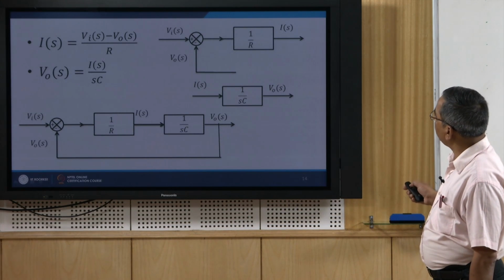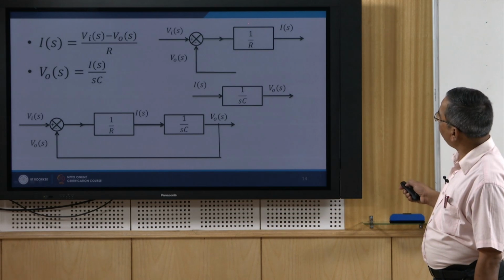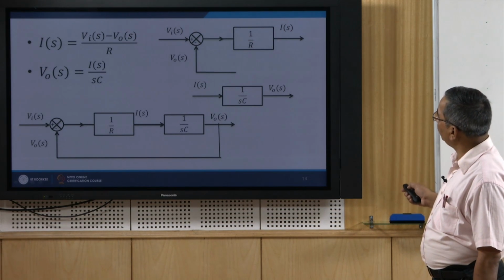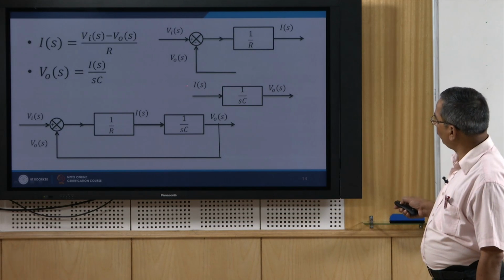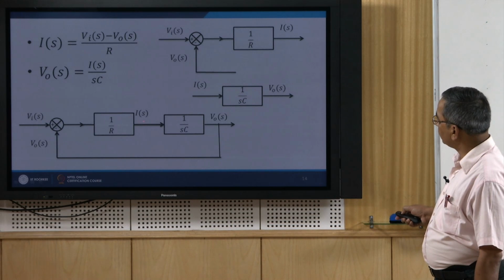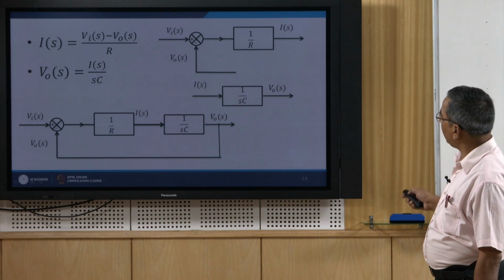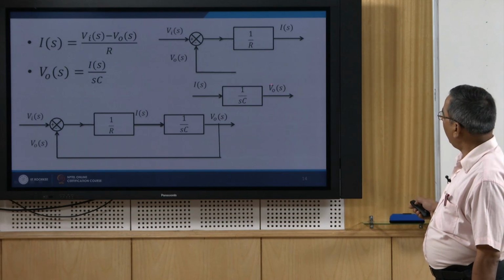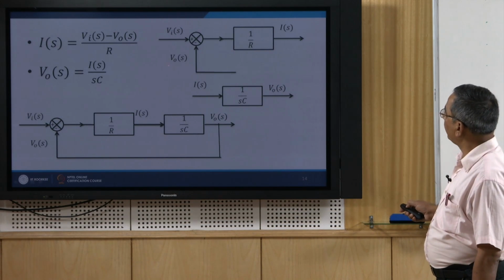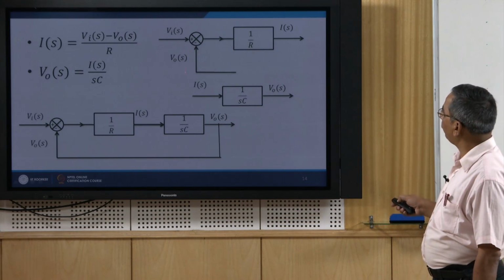The output from this block is Is, and this output is the same as the input for this block. So, I combine here. This Is is same as this one, and the output of this block is Vo(s), and remember here I am subtracting Vo(s).